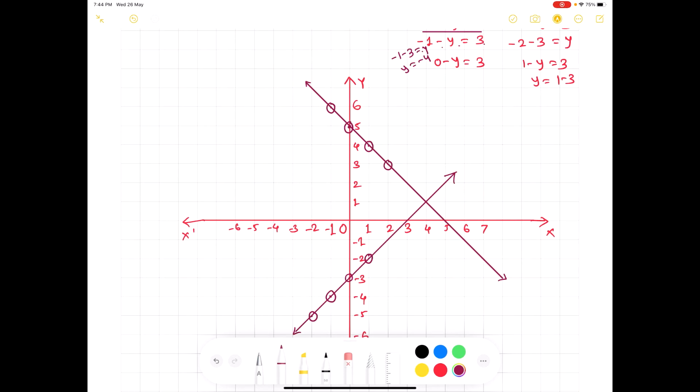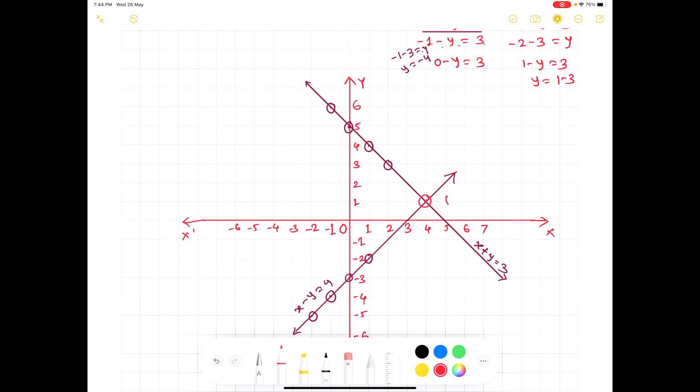So we have got two straight lines. One is for equation 1. On this straight line, write down the equation x plus y is equal to 3. And here, x minus y is equal to 4. Okay. This is the point of intersection we have got.